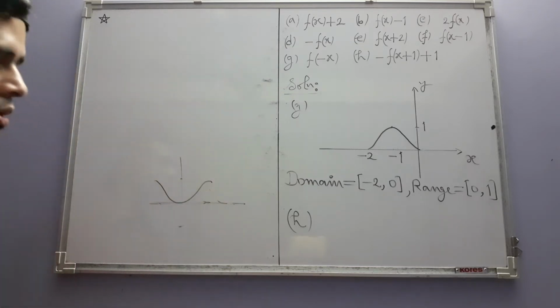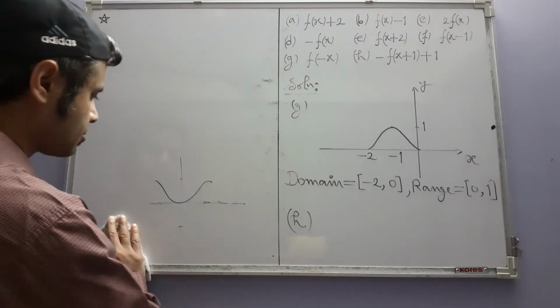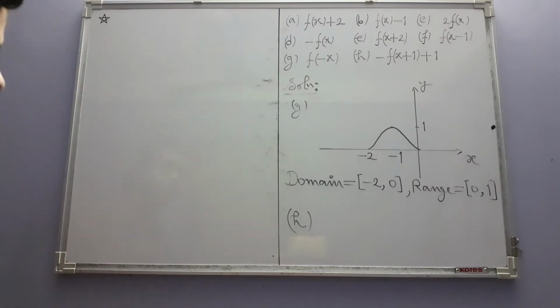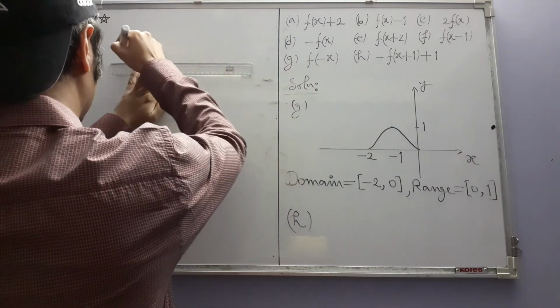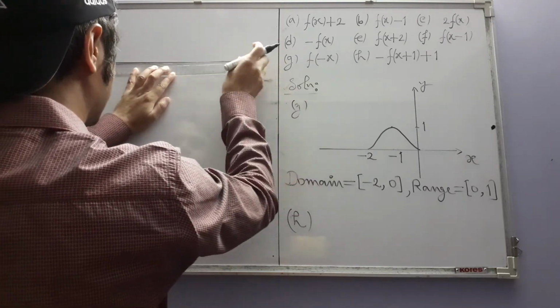So the final graph will look like this. In that way you can guess what the final graph is. So let us draw this graph. It's going to look like a trident along with the y-axis.